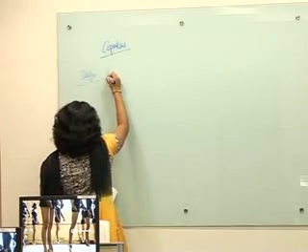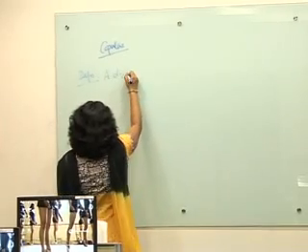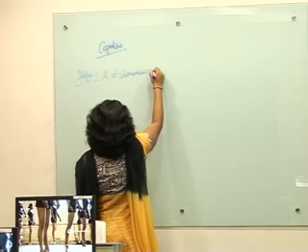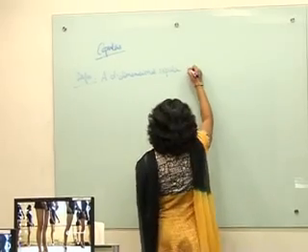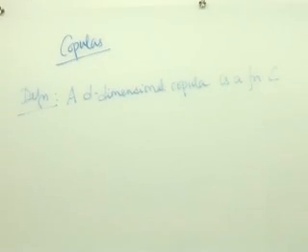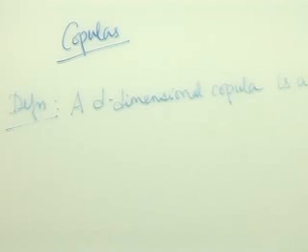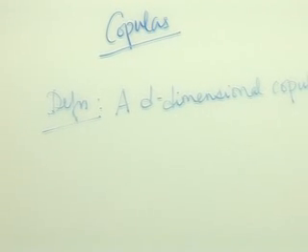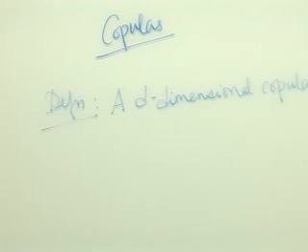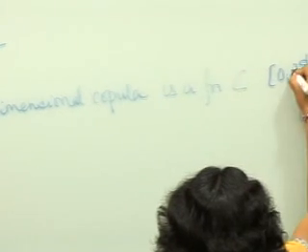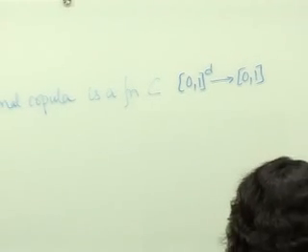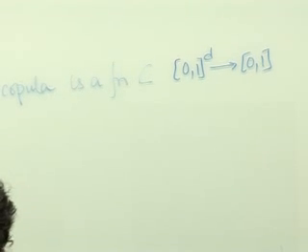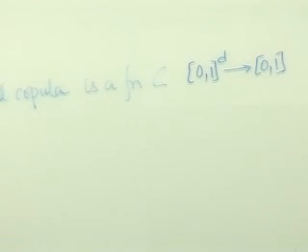So a d-dimensional copula, in this case I used k dimension, a d-dimensional copula is a function C from [0, 1]^d to [0, 1], because ultimately I want to get back a CDF, so the values it will take will be in [0, 1], with the following properties.